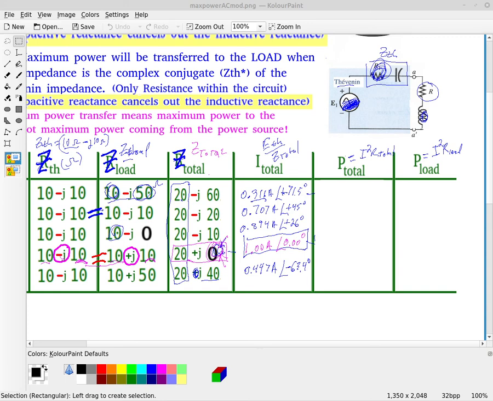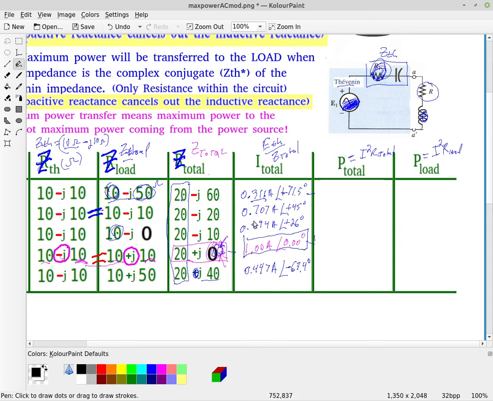All right, so now we're going to look at the total power. And total power is I squared times R total. That's the total resistance, the combined resistance through our Thevenin plus our load, because they're just series resistors up here. So I squared R total is going to give us our total power.